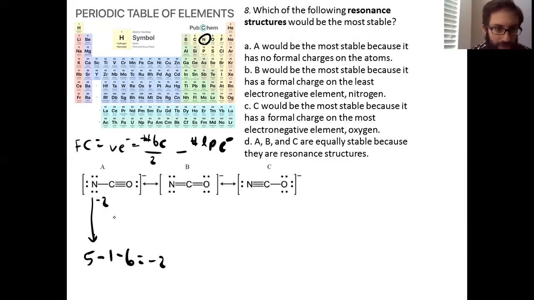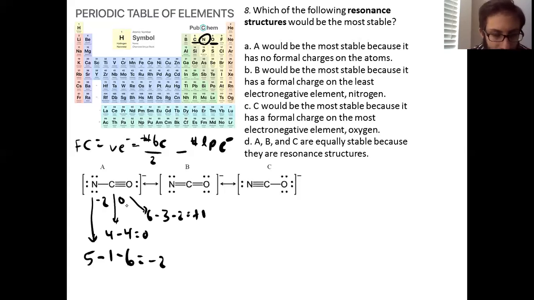Carbon, this one is 4, right? Carbon is next to nitrogen to the left here. 4 minus 4 bonds, 8 bonding electrons divided by 2. No lone pairs, so 0. Oxygen is 6 to the right of nitrogen, so it's 6 minus the 3 bonds minus the 2 lone pairs, which gets you plus 1.